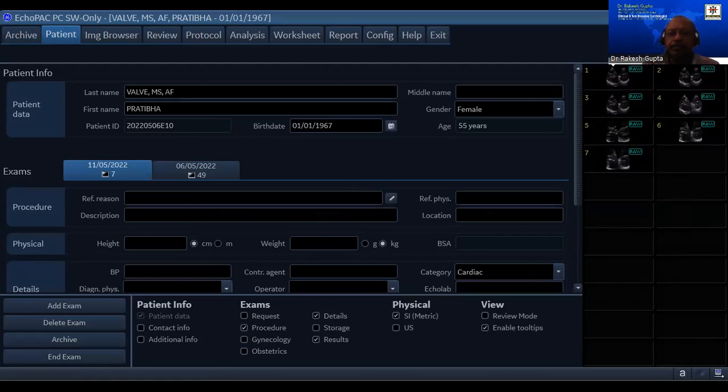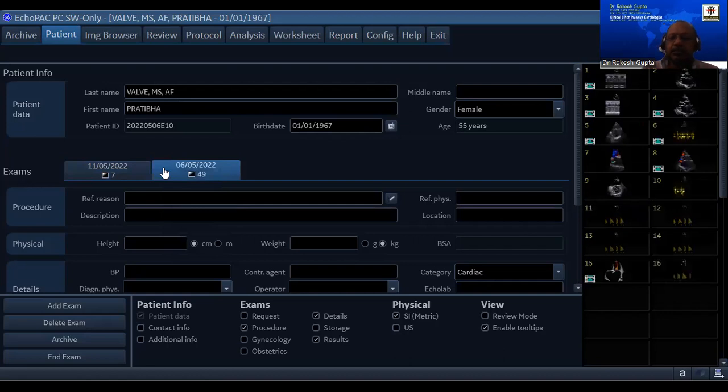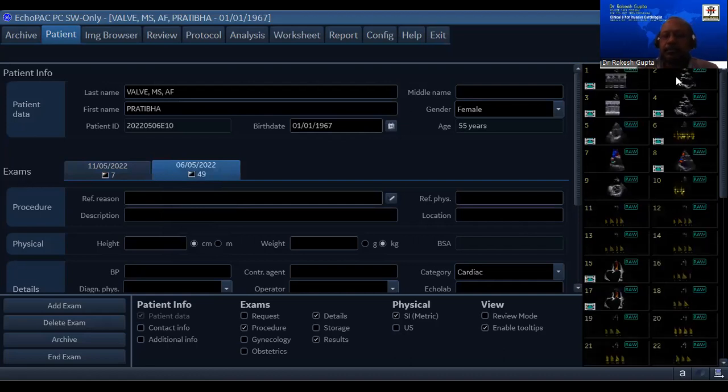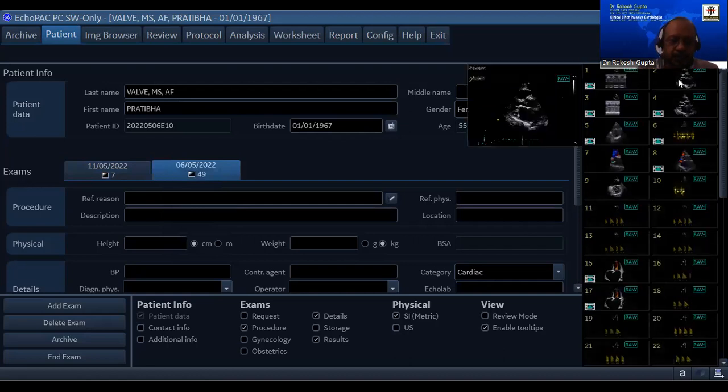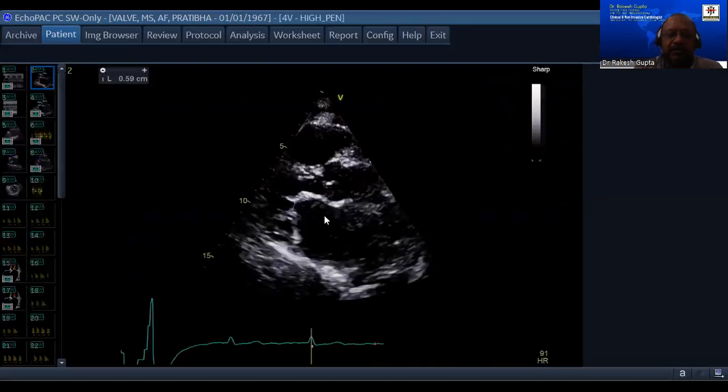After we do the 2D, then we can do the colors, and you can see a jet going through from the atrium to the ventricle. And once we do Dopplers, we can measure. So Dr. Balram said the first thing we often see in mitral stenosis is a dilated left atrium.